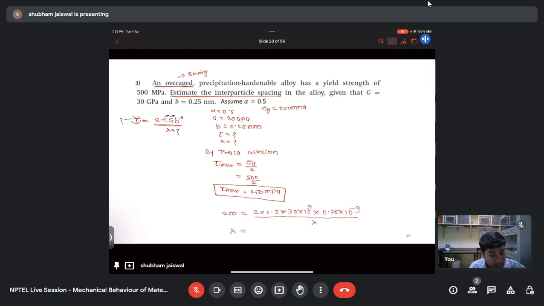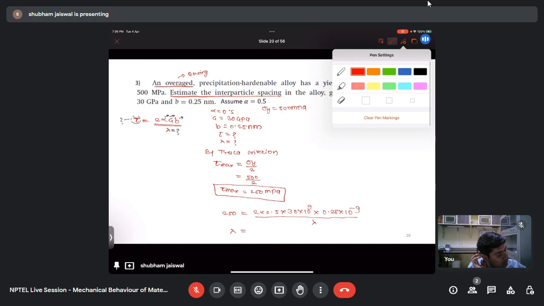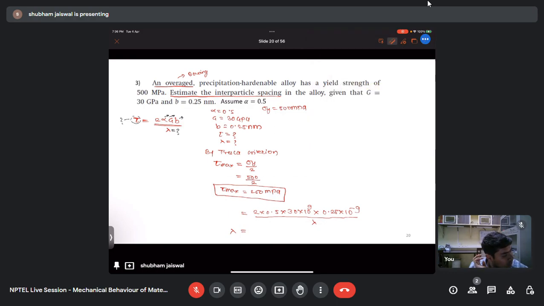So lambda will be... this is 250 megapascal. If we convert it into Pascal, we'll get 250 into 10 to the power 6.